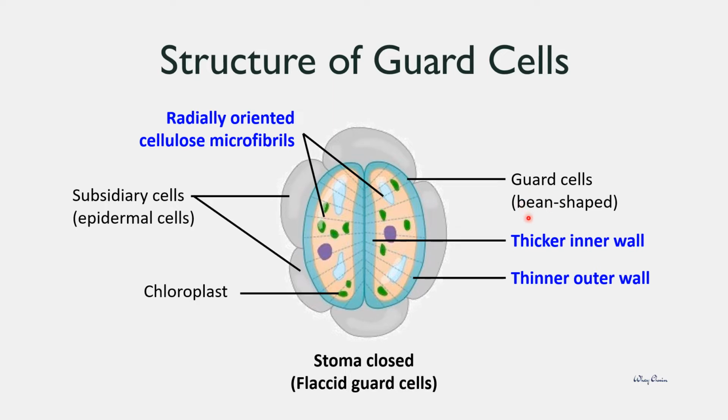The cellulose strands or polysaccharide strands found in the cell wall are radially oriented, and each pair of guard cells is surrounded by neighboring cells, which are called subsidiary cells, or the epidermal cells.